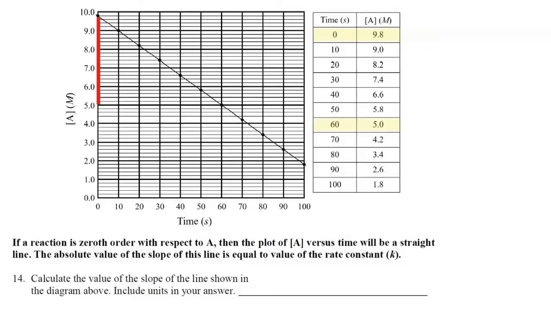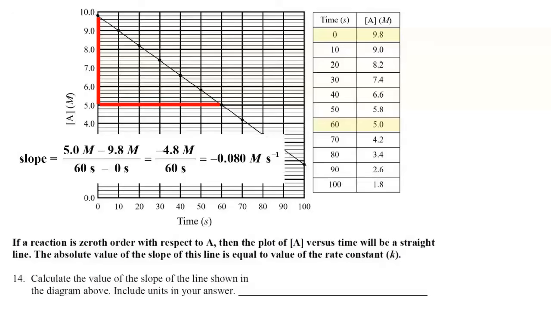So my change in y would be 5.0 minus 9.8, and my units are molarity. My change in x would be 60 seconds minus 0 seconds. So I have negative 4.8 for the change in y, and I have 60 for the change in x.